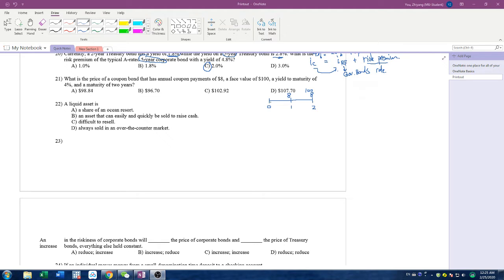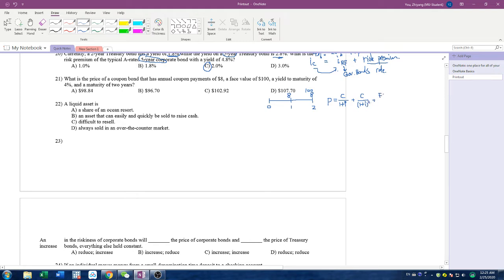So we're working with a 2-year coupon bond. The coupon payment is $8 and the face value is 100. The right way to calculate it is to use the multiple year bond payment equation, which is the price equals the first coupon payment discounted with 1 year of interest rate, and the second year coupon payment divided by 1 plus i to the power of 2.